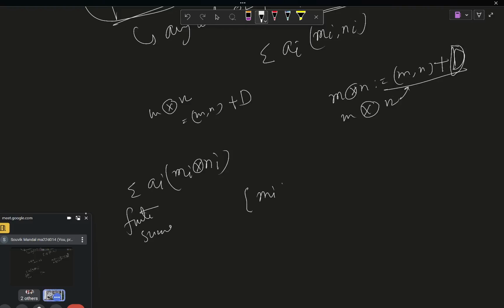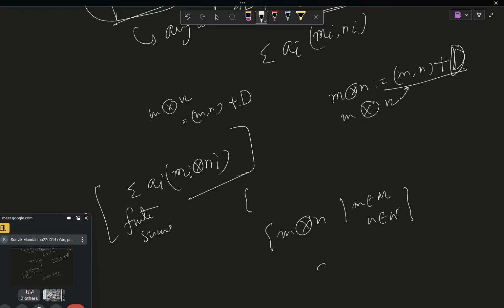So obviously, since any element is of this form, the set of m tensor n generates P, right?